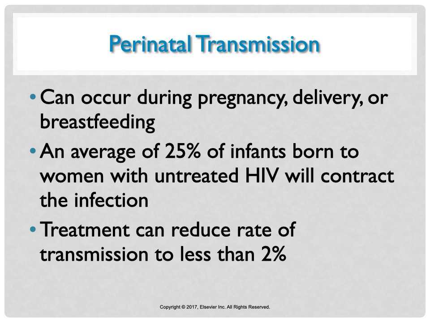With the perinatal transmission, we talked just a minute ago about how it can occur during the pregnancy, delivery, or with breastfeeding. And on average, about 25% of infants born to women with untreated HIV will contract the infection. Treatment of the mother can reduce the rate of transmission to less than 2%.